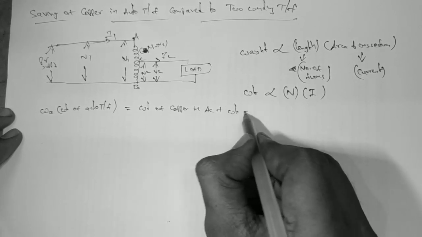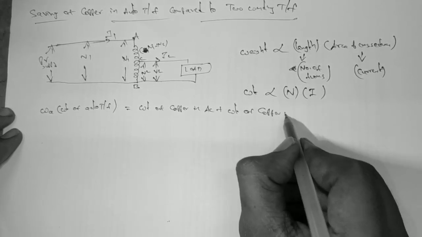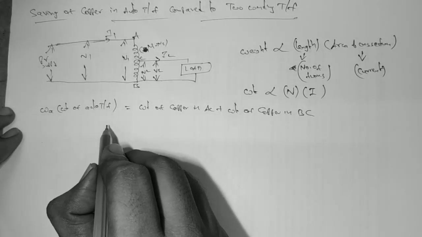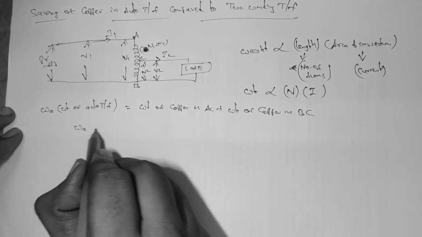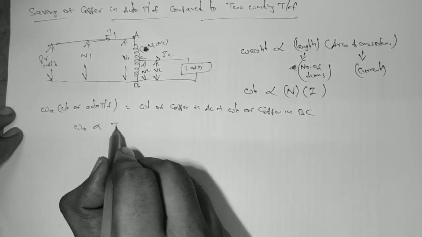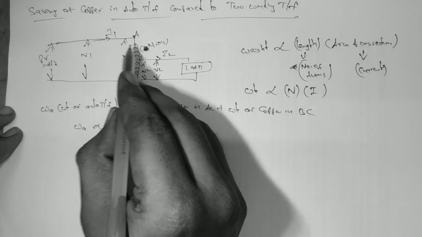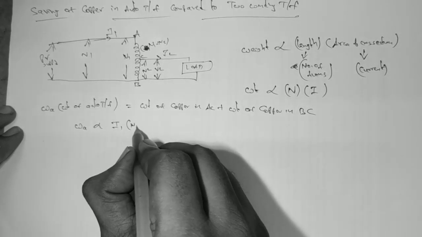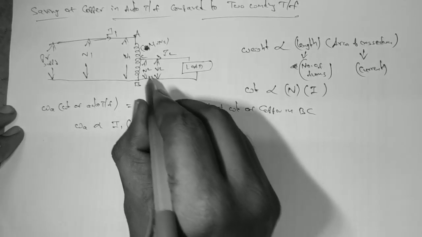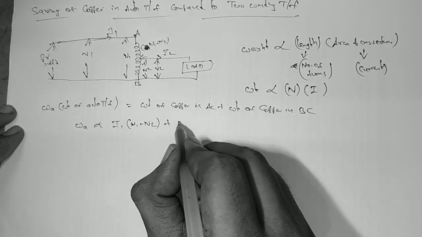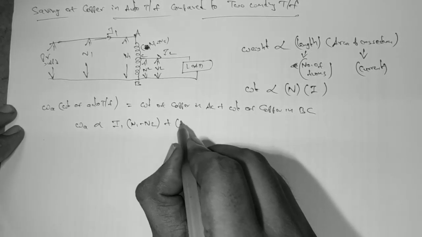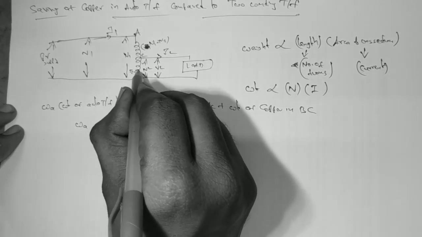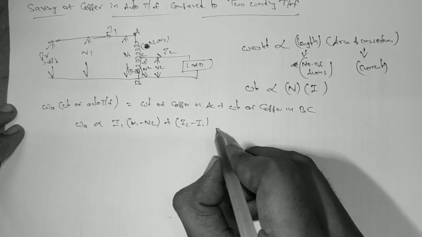It is directly proportional to the current flowing in winding AC, I1, times the number of windings in section AC, N1 minus N2, plus the current flowing in section BC, which is I2 minus I1 because I2 is greater, times the number of turns in secondary, N2.